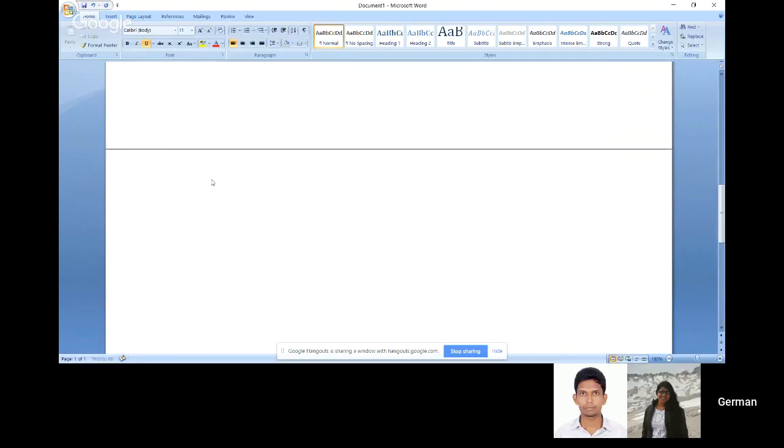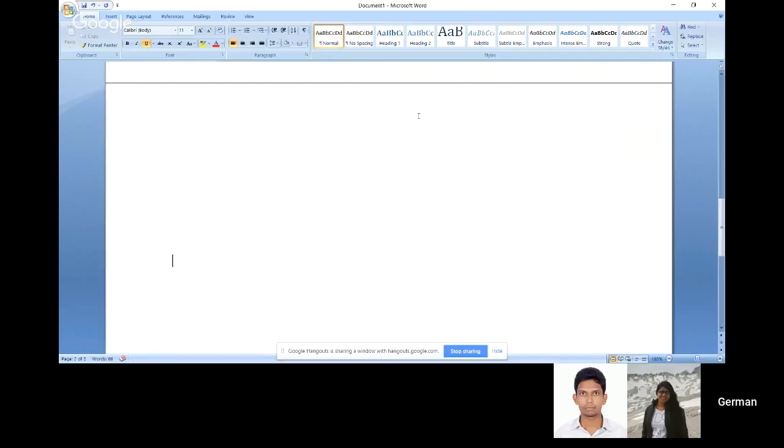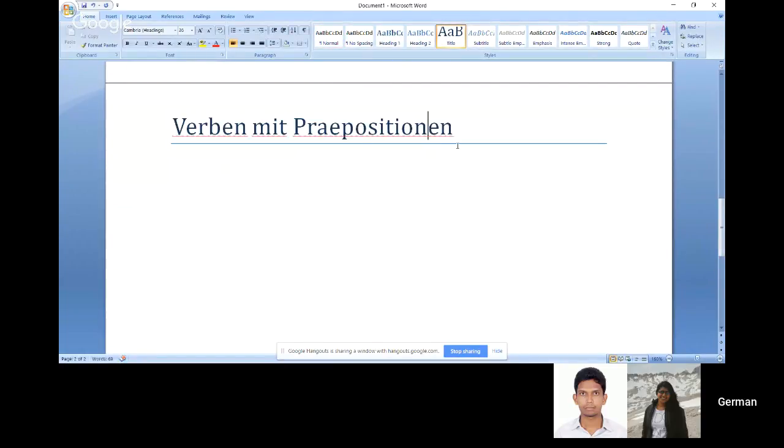Now, verbs with fixed prepositions, oder verben mit Präpositionen. We've learned prepositions earlier.